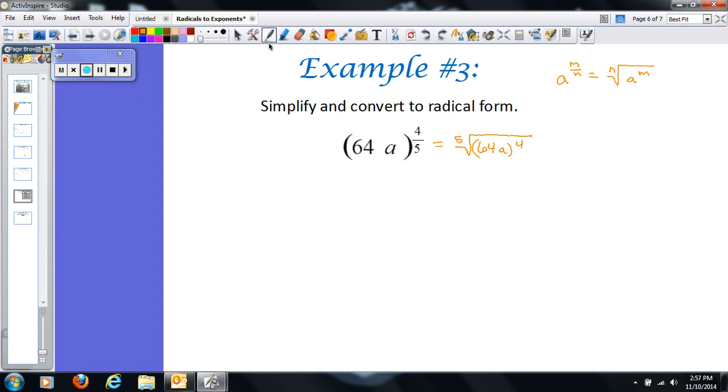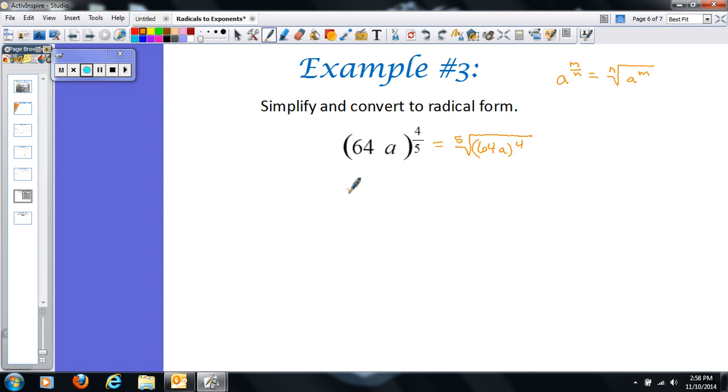Okay, so we can separate, let's go ahead and actually, this is what it would be, but we're going to simplify this to start first.